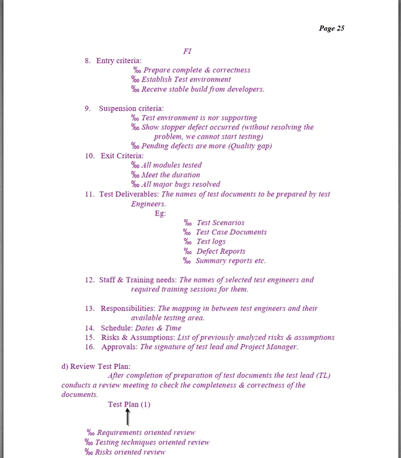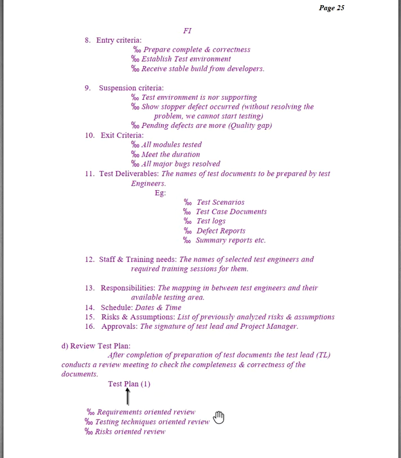So for the testing to start, there should be complete and correct requirements, then the test environment should be available, then we should get a stable build and all those things. The suspension criteria, so when we can suspend the testing, then the exit criteria, then the test deliverables like scenarios, test cases, test logs, and staff and training needs, responsibilities, schedules, risks and assumptions, and finally approvals.